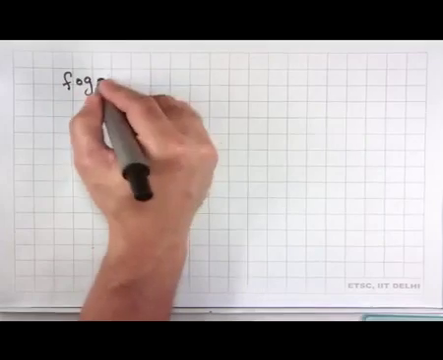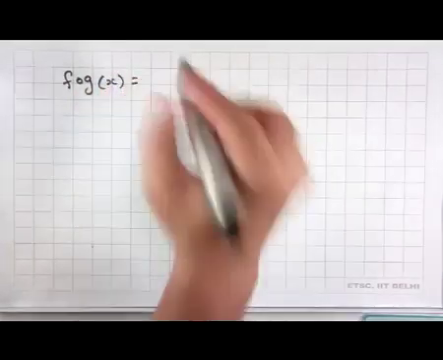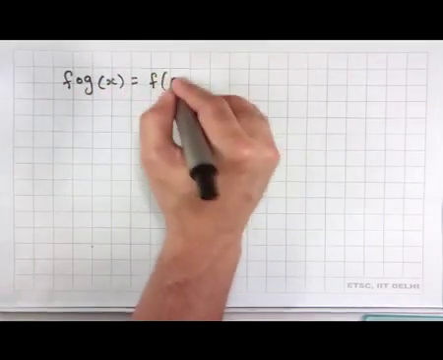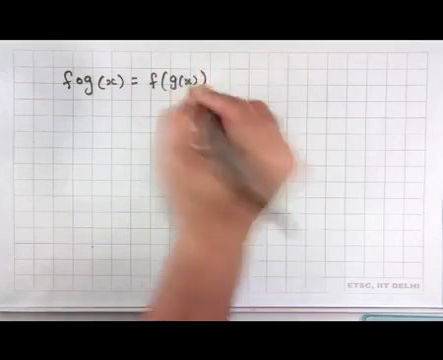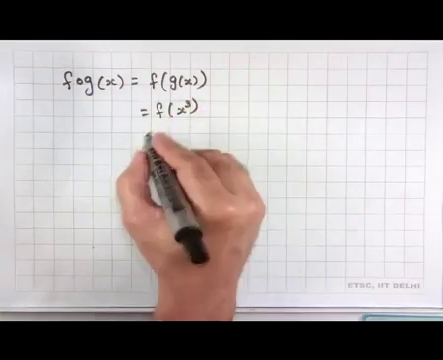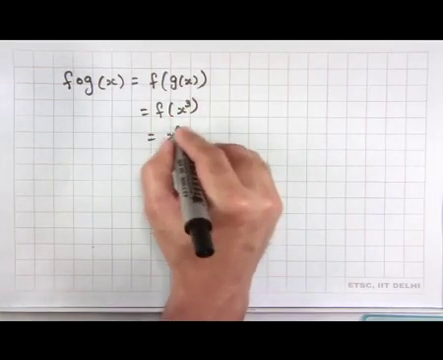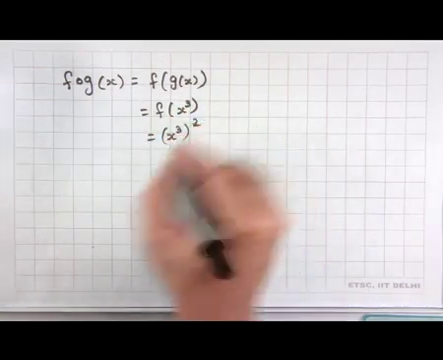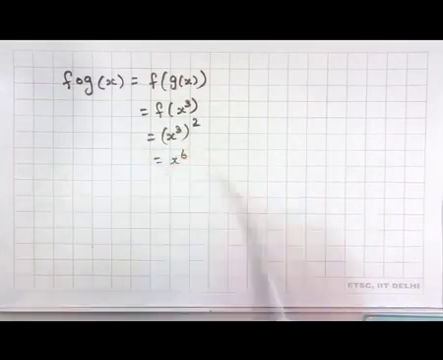F composed with g at x, which by definition is f of g x, which is f of x cube, which is going to be x cube whole square, which is exactly x power 6.